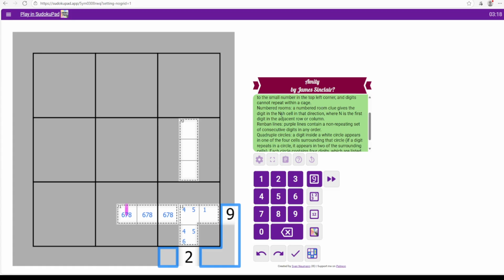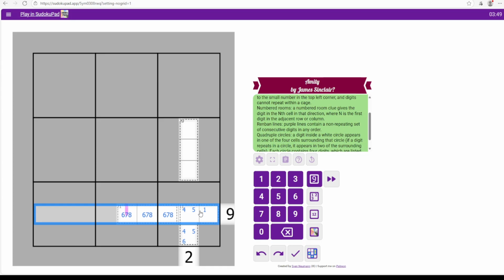Gives the digit in the nth cell in that direction. So what I think this means is that this one says in this direction that 9 is in the 9th cell, where n is the first digit in the adjacent row or column. First digit in the adjacent column.